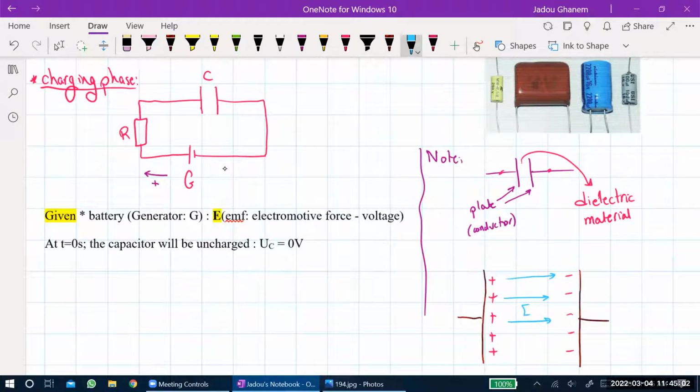We symbolize them by capital E vector, and we call them electric field lines, or in general, the electric field created by the charges. So this is the reason how current will continue flowing in a circuit.